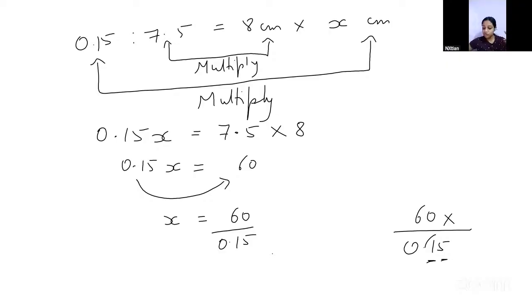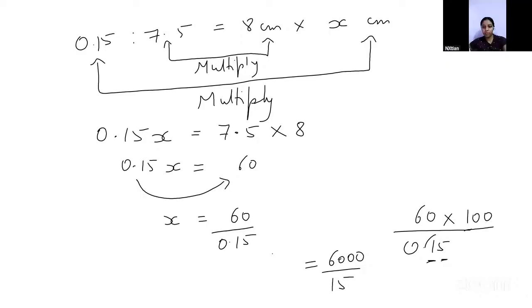Two places. So put 1 and 0, 0. 100. Put 100 on top. Now divide this whole thing by 15. 6000 by 15. How much will we get?